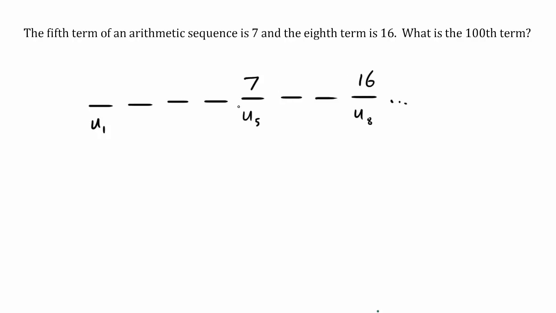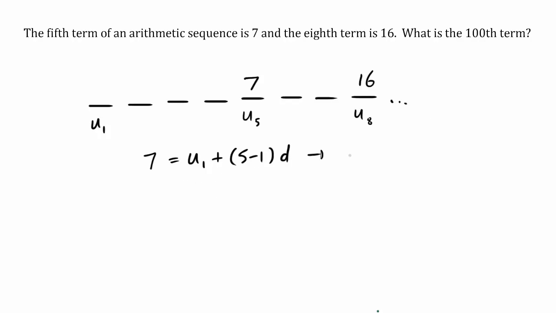Okay, let's try the same question one more time just to get the feeling of doing this. So what we have here is the given information, and what can we say? We can say that this here is our Un. So Un equals U1 plus (n minus 1)D. For this particular problem, n is 5, so we have 5 minus 1 D. We're just going to say that we don't know what D is yet.